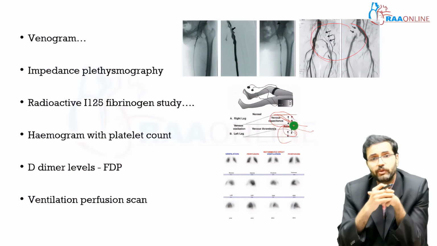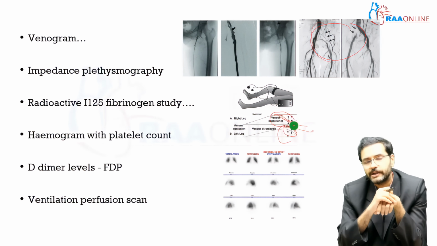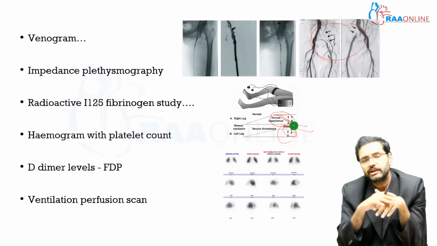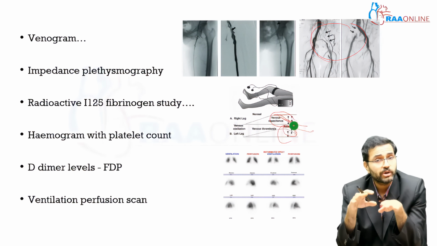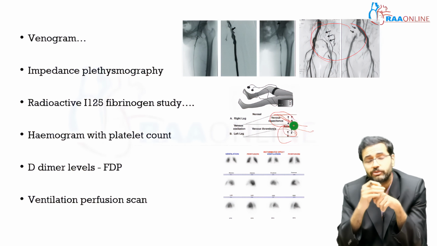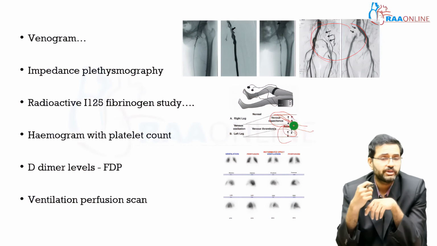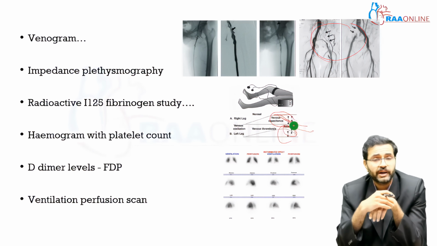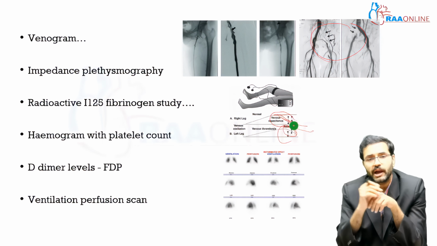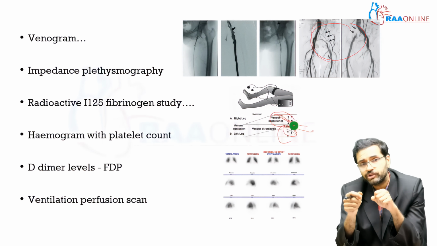Another modality will be a radioactive iodine-125 fibrinogen study, like I said earlier. Here we administer to the patient 100 milligrams of sodium iodide 24 hours prior to the procedure. On the day of the procedure, the person is administered radioactive iodine-125 intravenously. The baseline activity or baseline radiation levels are measured at the level of the heart.